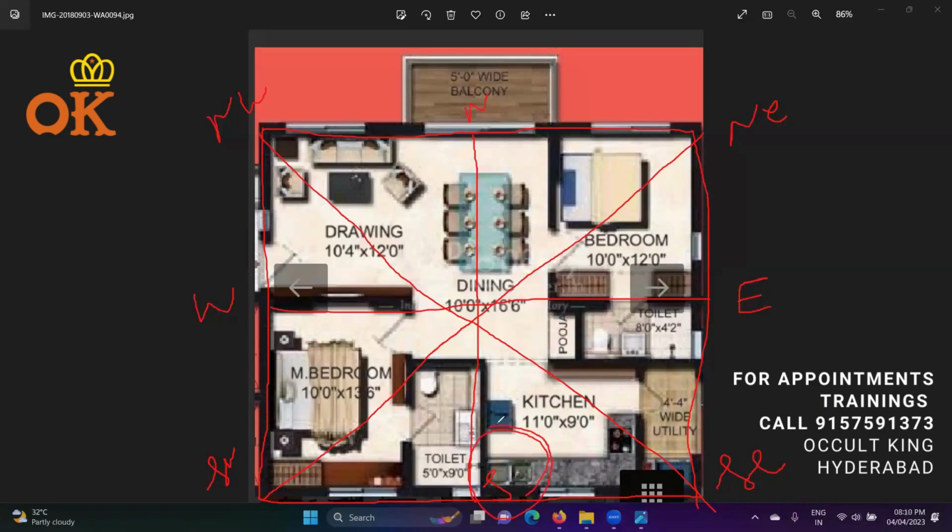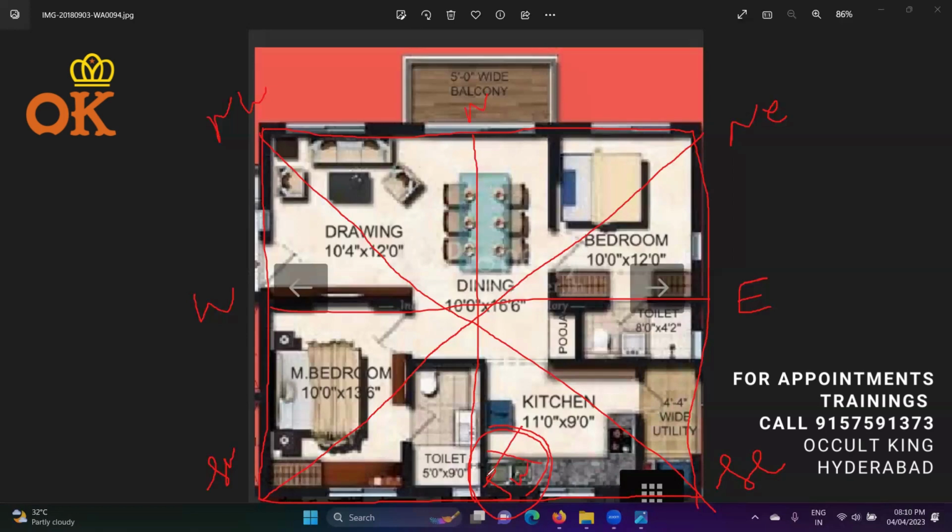So the wash basin is coming in the southwest direction of this kitchen area, which is wrong as per Vastu Shastra. Because southwest is the earth element and having water related activities, which is the opposite, can create issues in their career, in their name, in their fame.